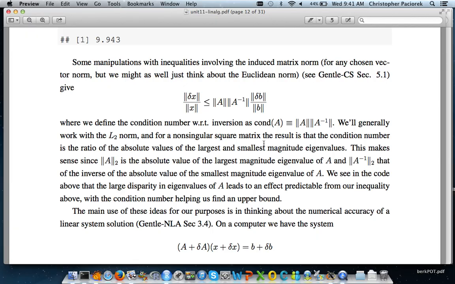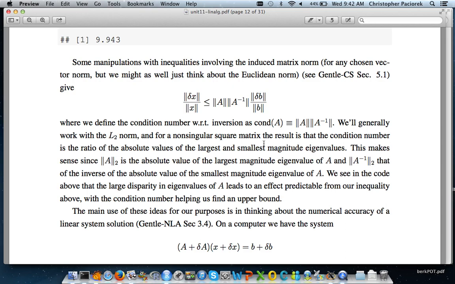I'm going to have minus AX plus B, and I'm going to group that together. Minus delta A X minus delta A delta X plus delta B. Well, what do we know about this? Well, I'm trying to solve this system of equations, so I know that's equal to 0. So that's going to disappear.